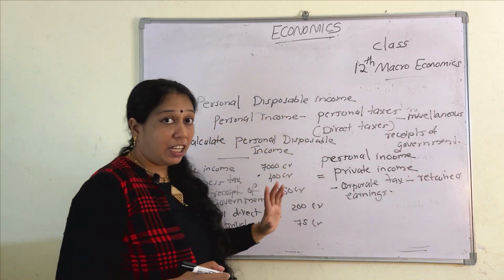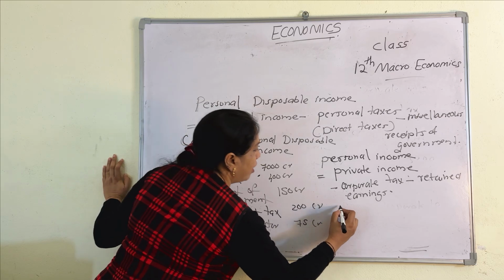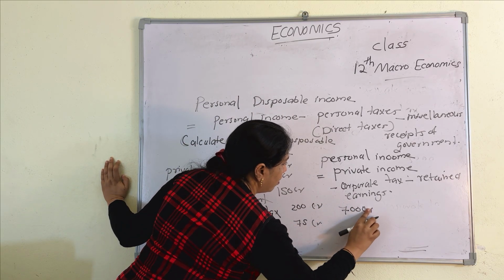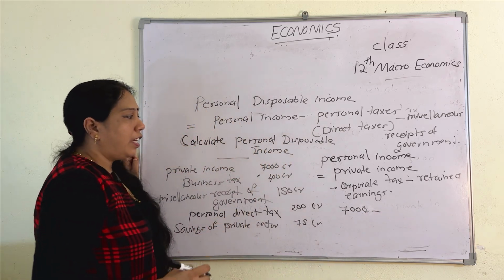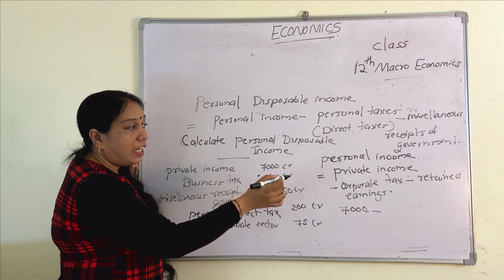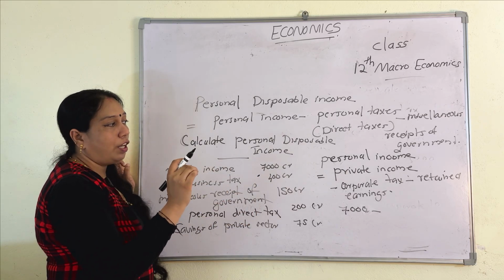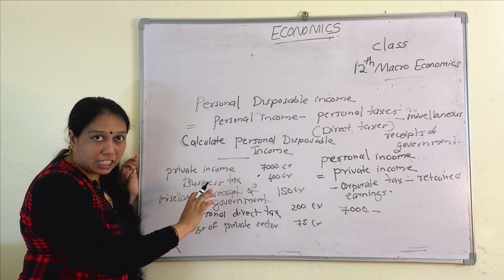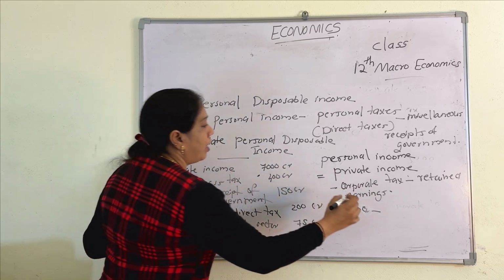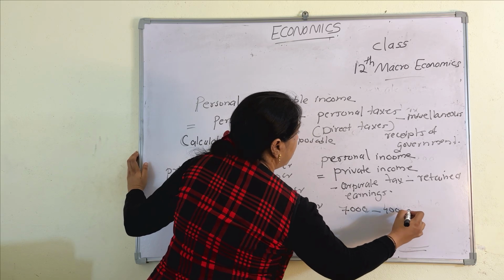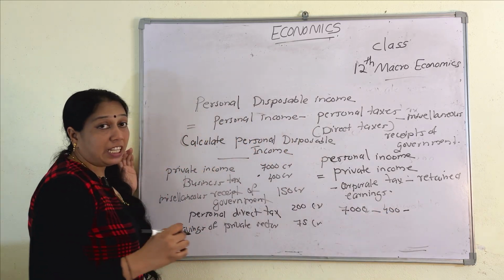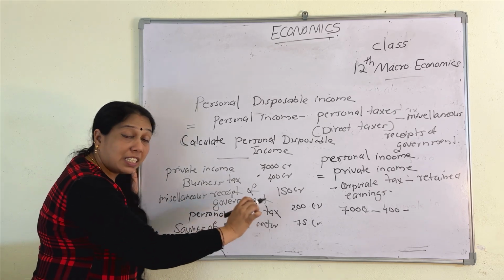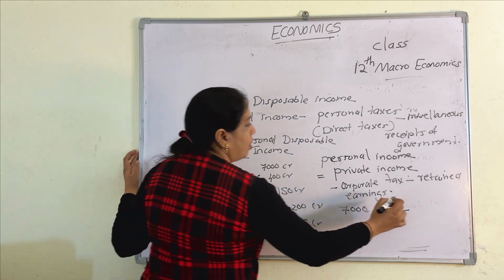Okay, private income already given, how much? 7,000 crore. Private income 7,000 crore minus corporate tax. I already told, sometimes instead of corporate tax, they give a business tax. How much is the business tax? 400 crore, minus retained earnings. The other name of retained earnings is savings of private sector. How much is the savings of private sector? 75 crore.